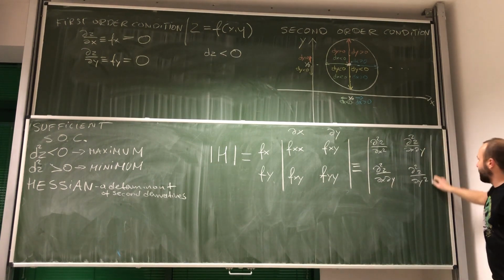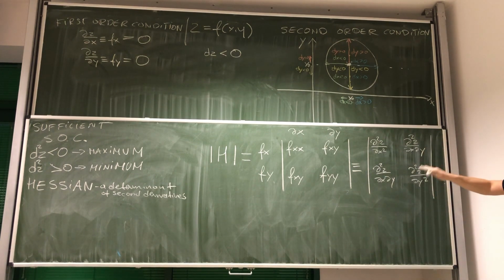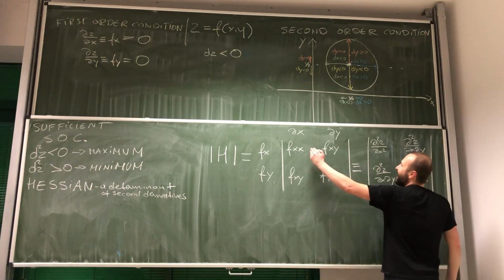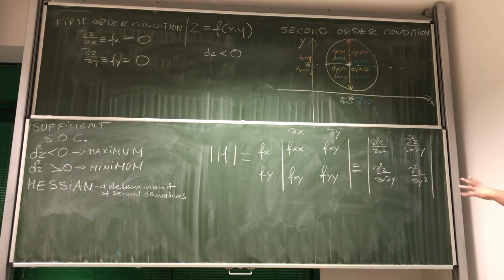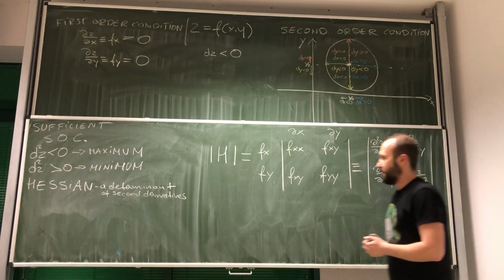And we can calculate the value of this determinant once we know everything inside. And then, how does the maximum and minimum work?